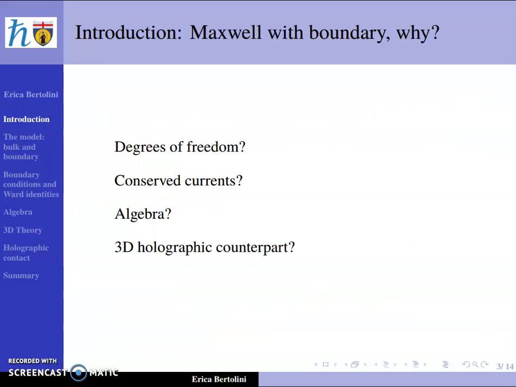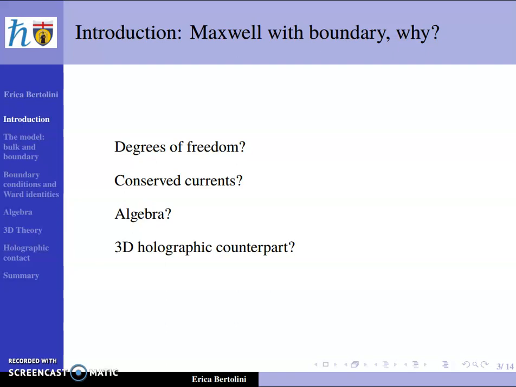But what is still lacking is the study of a boundary in a theory for which the bulk already has a physical content, and which is the theory for which the bulk has probably the most known physics, if not the Maxwell theory.